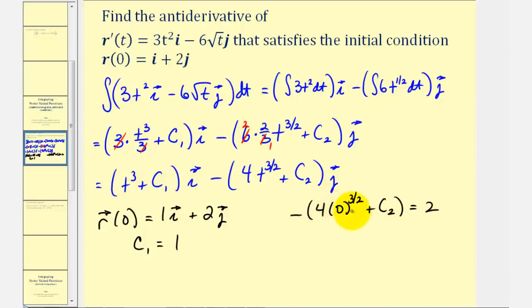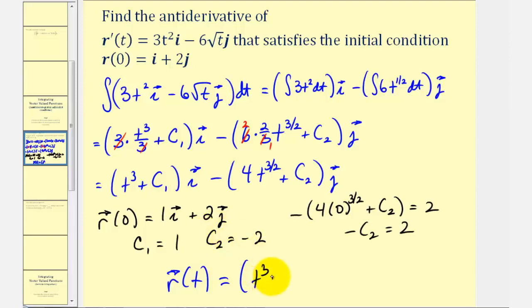So notice how this is 0, but the result here is negative c sub 2 equals 2, and therefore c sub 2 is equal to negative 2, which means the vector valued function that satisfies this initial condition is r of t equals t to the 3rd plus 1 times i, and then minus 4t to the 3/2 minus 2 times j.